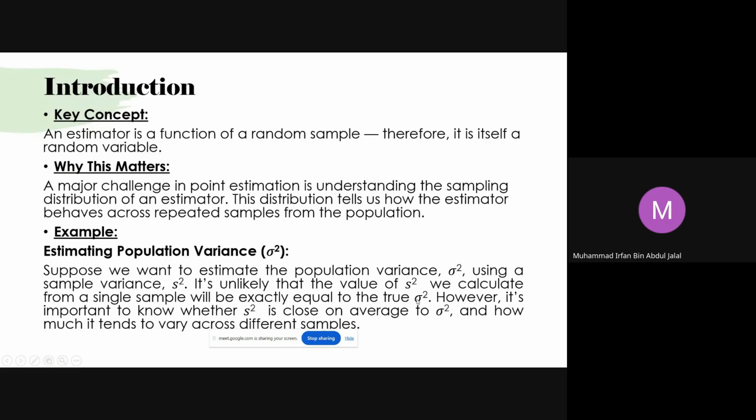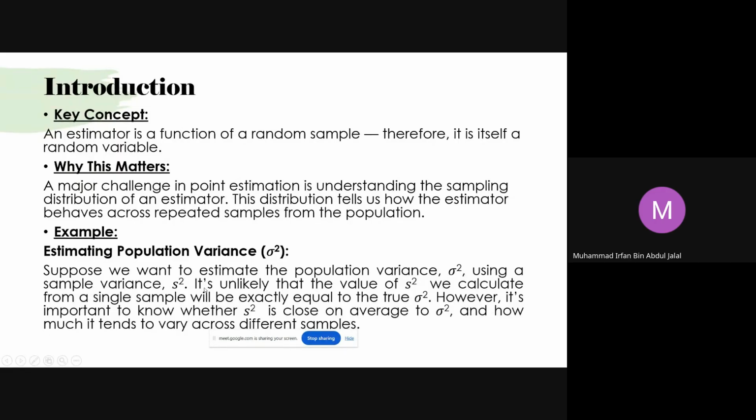As a result, it's important to know whether the sample variance that you use to estimate the population variance is, in the long run, on average close to the population variance. If you take another sample, sample number 2, sample number 3, you want to see whether the sample variance is as close to the population variance or not.